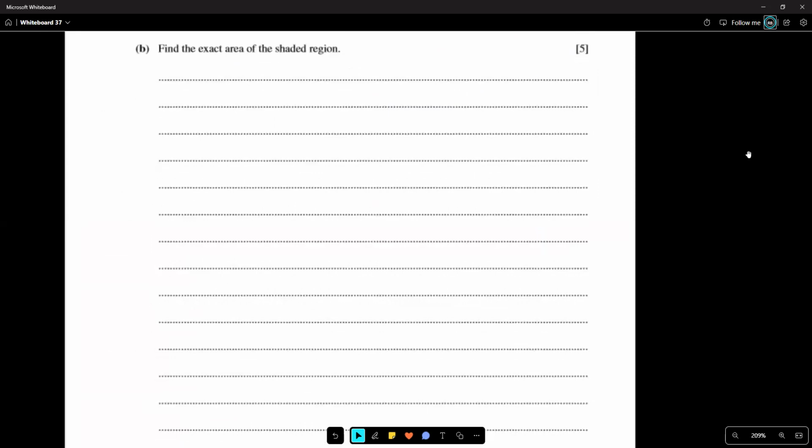So remember, I said we're going to use this formula. Area, or the exact area, is basically the integral. Let's write it nicely.